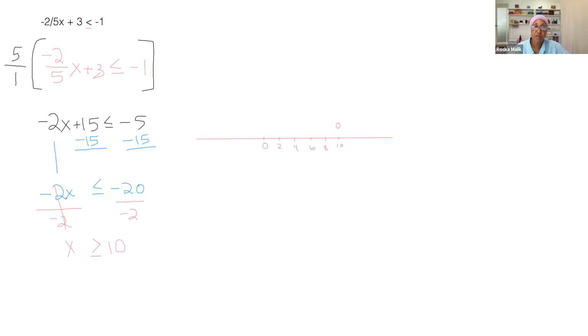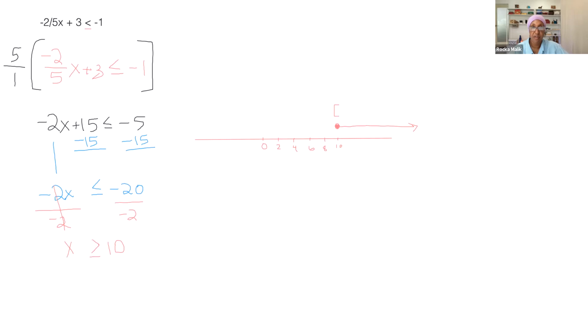Because it is greater than or equal to, I'm gonna color in the circle. It's gonna be closed. And if it were a bracket that I was using, it would be a hard bracket because a hard bracket shows that 10 is a solution and everything greater than 10 is also a solution.